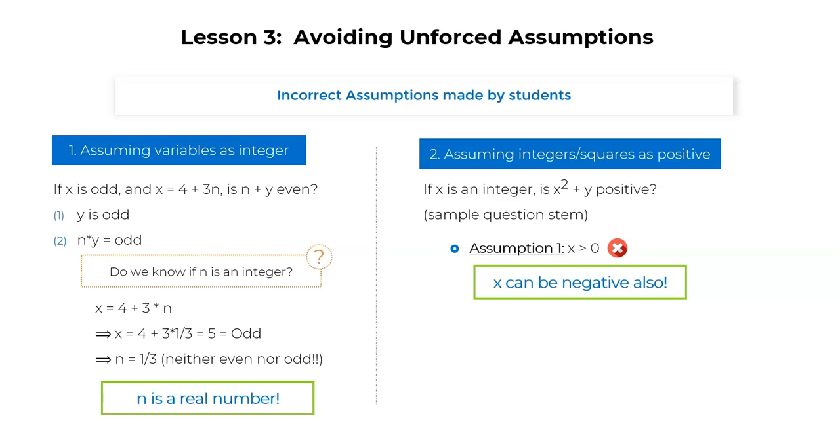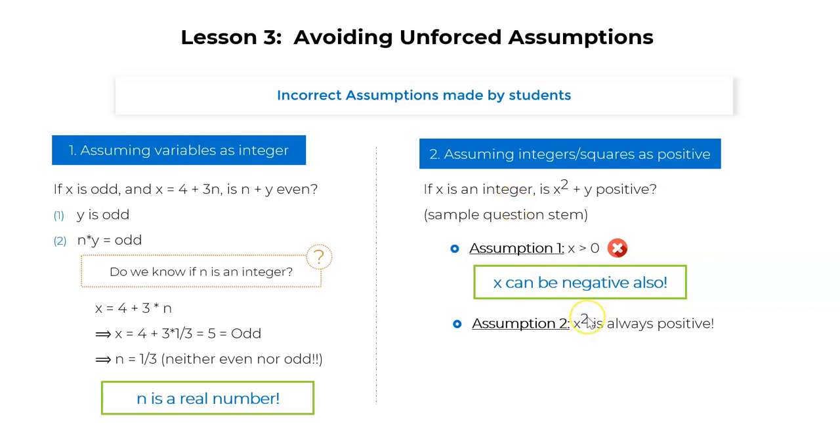Okay. Another incorrect assumption that they end up making is that when they look at x square, an even powered number, they ultimately end up assuming that it's always positive. They look at x square, they say, hey, it's positive. And they're partially correct. See, x is a variable, it's an integer.